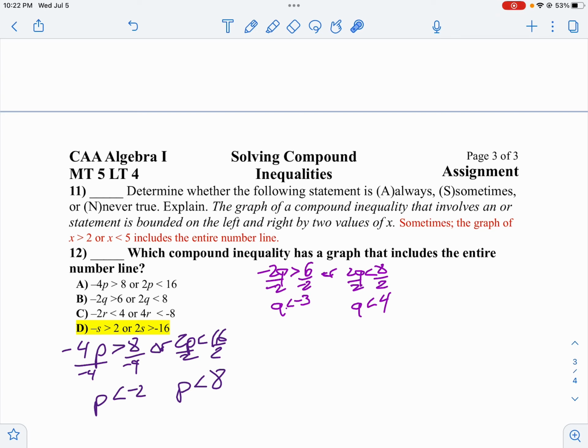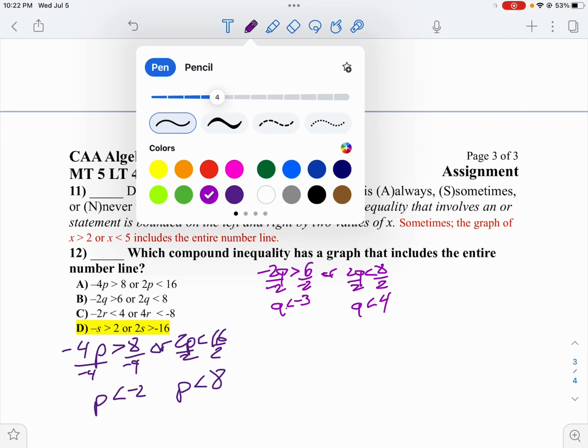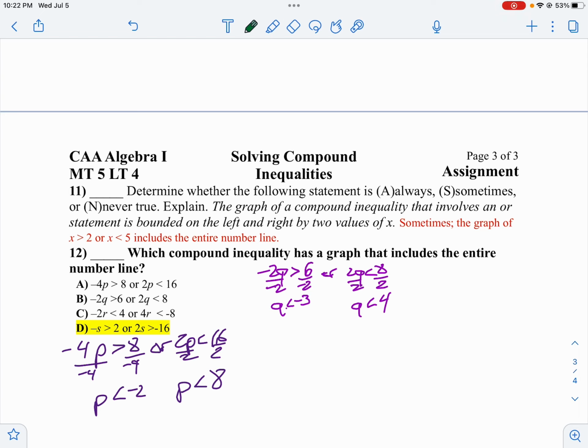Let's take a look at letter C. On letter C, we've got negative 2r is less than 4. So I divide by negative 2. Flip my sign. R is greater than negative 2. Now I'll do 4r is less than negative 8.